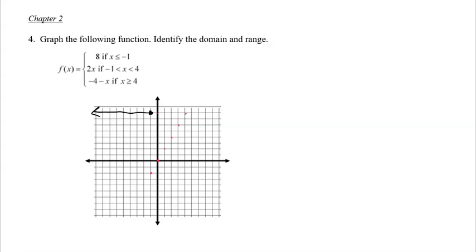So notice I put dots on the line, but I'm not going any further for this line than where x is negative 1, which is right there, and where x is positive 4, which is right here. And actually, you notice that it doesn't say or equal to for either, so that means I'm going to have open circles for both negative 1 and 4.